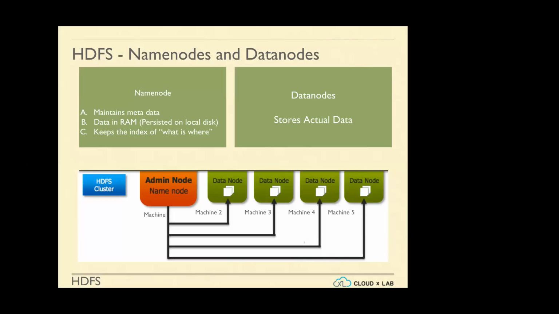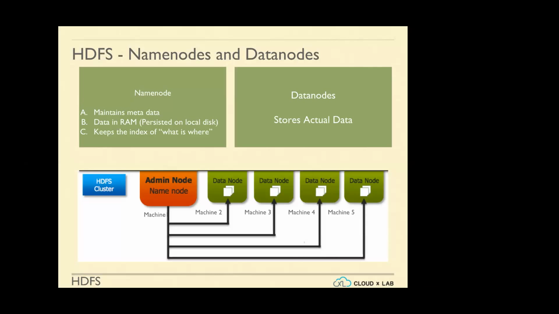It basically has two kinds of servers. One is called Namenode, and the rest are called data nodes. These are basically services running on a port, listening to the network requests on those ports. Namenode is like the header of a file system. It just keeps the information about what is where, and that's called metadata.